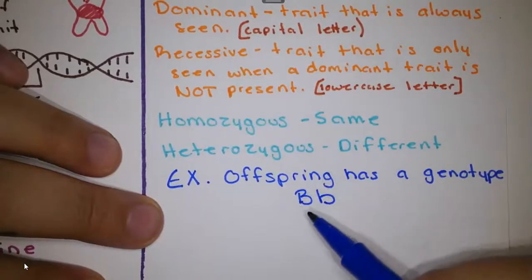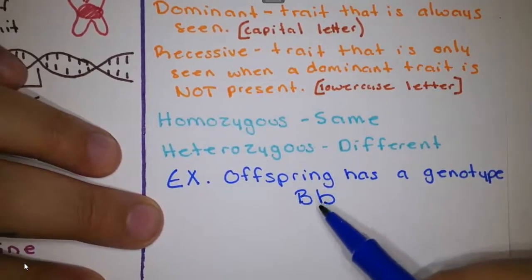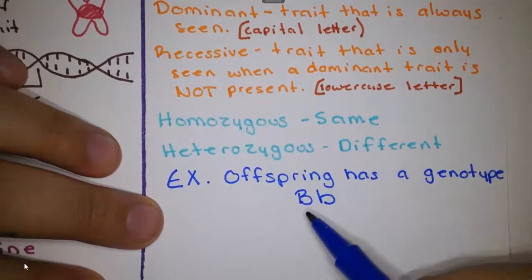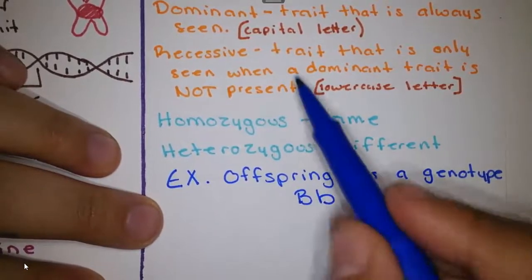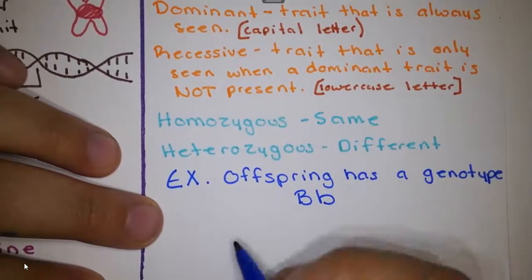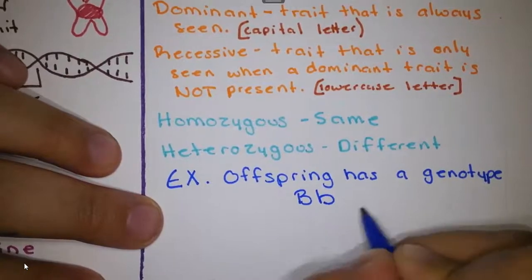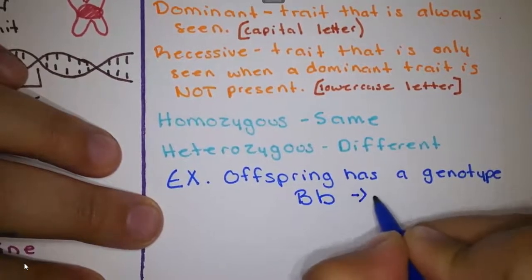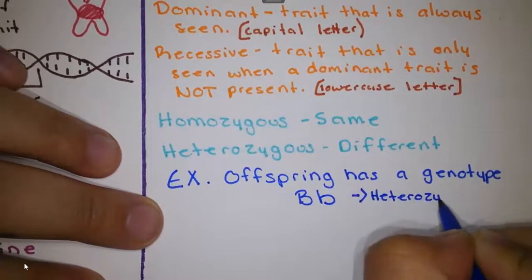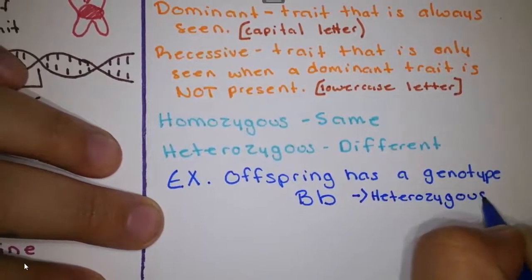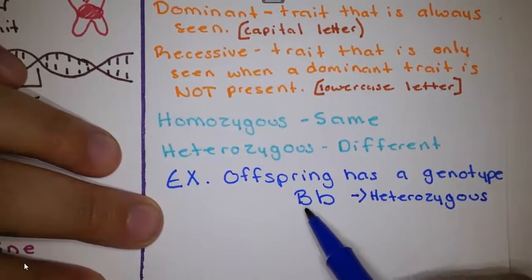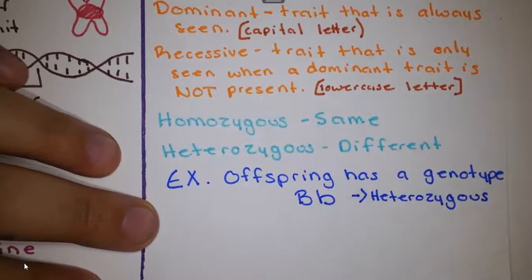Because it has a different case, so the letters are the same, B, B, but they're different in that it's a capital letter and a lowercase letter, this means that they are heterozygous. Okay, they're heterozygous.